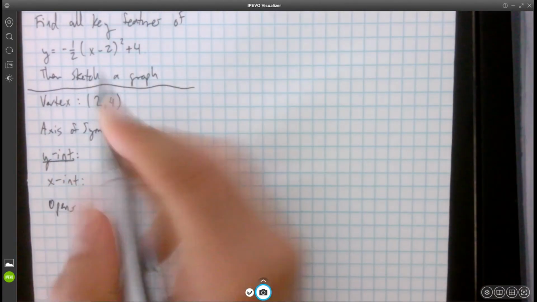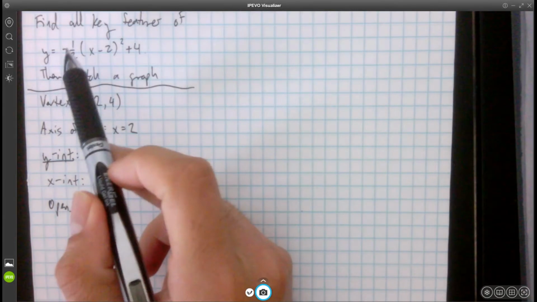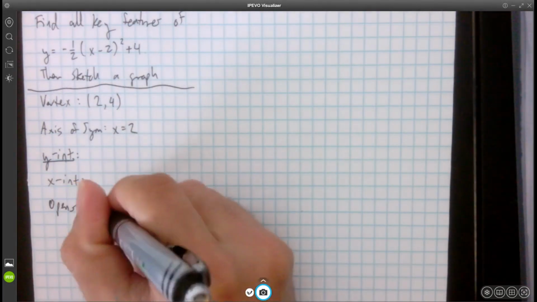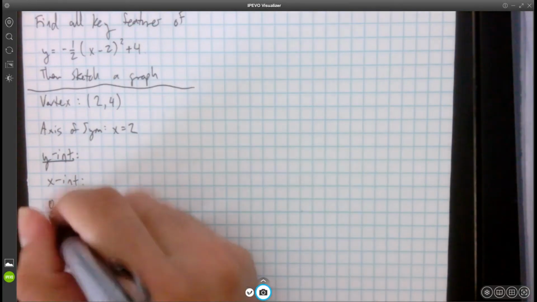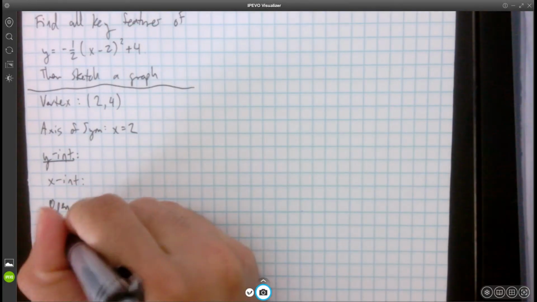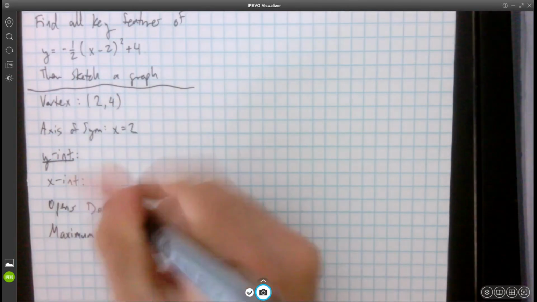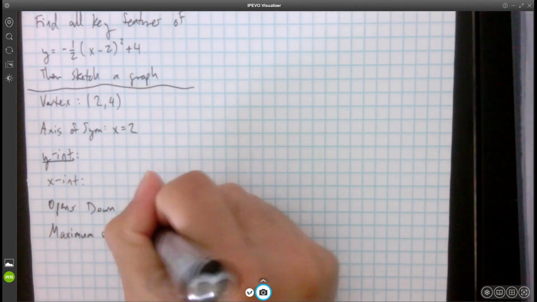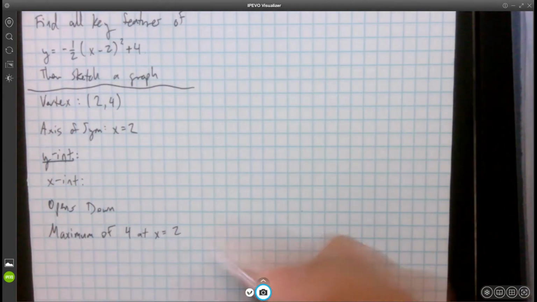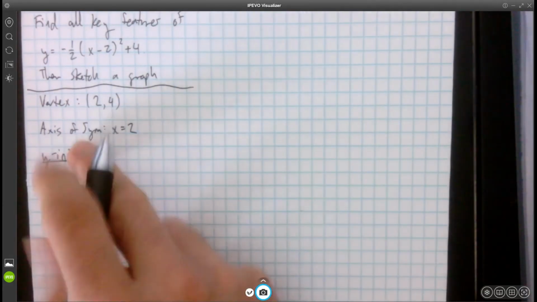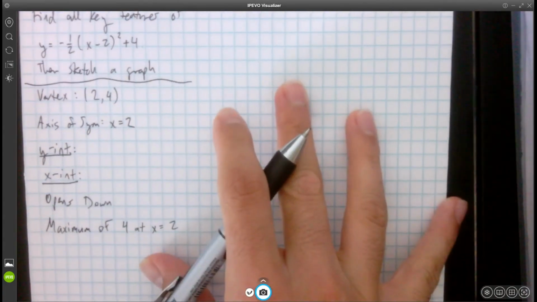Since a is negative 1/2, it opens down, which means I have a maximum of 4 at x equals 2. I need to find my intercepts, my y-intercept and my x-intercepts.